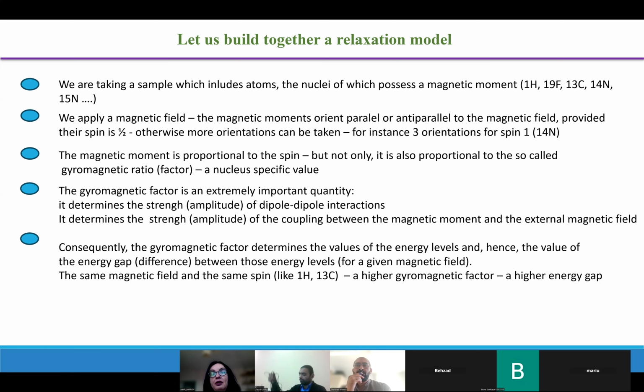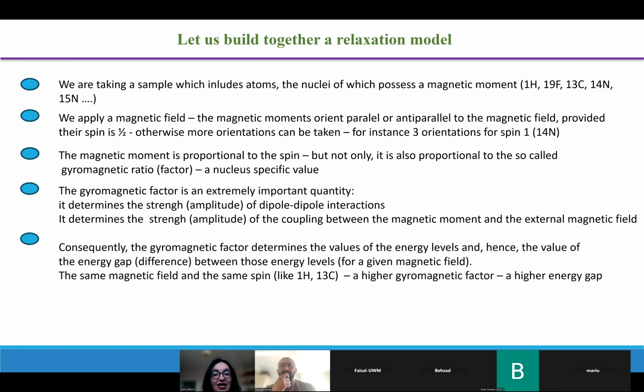I can tell you that there are other nuclei for which you have more than three orientations. And then the concept of orientation and direction becomes unclear, and then you really see that this is a picture like for children, this concept that we associate with orientation.